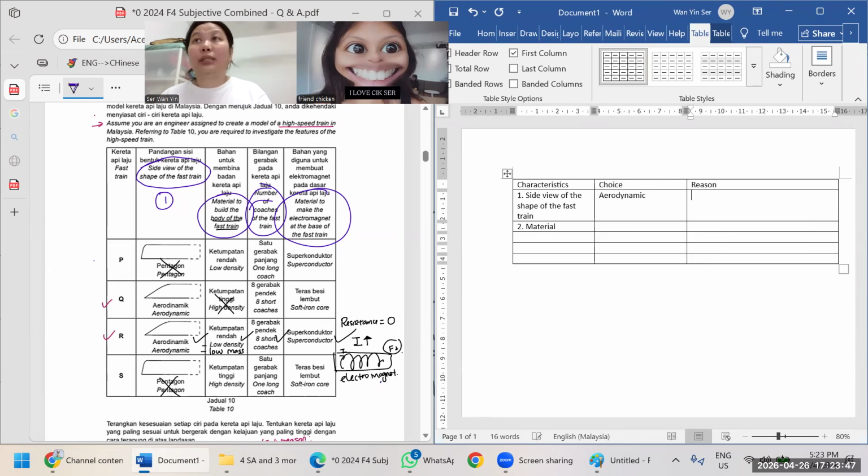The reason you all learned just now: reduce air resistance. And since you reduce air resistance, you will increase acceleration. Always say increase net force first.